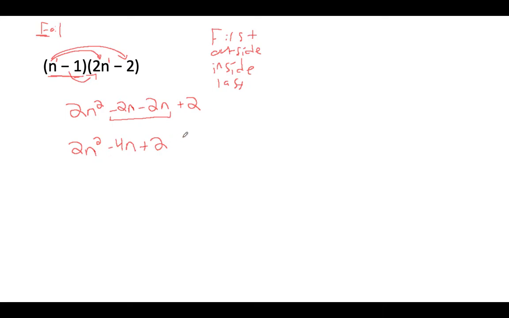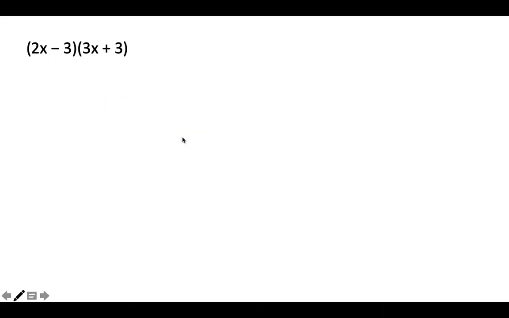So moving on. We got 2x minus 3 times 3x plus 3. So let's FOIL. The firsts, 2x times 3x, well 2 times 3 is 6, and x to the first times x to the first gets you x squared.